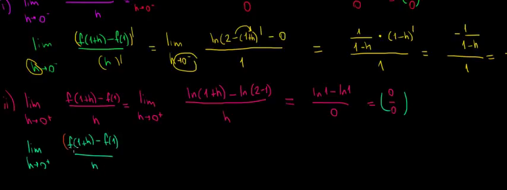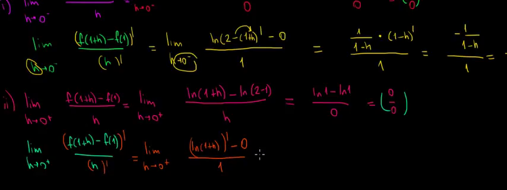What is f of 1 plus h derivative? Well, that's the derivative of ln of 1 plus h. And then f of 1 is a constant, it's ln of 1, a constant derivative is just 0, and since the variable of interest is h now, the derivative of h is just 1.